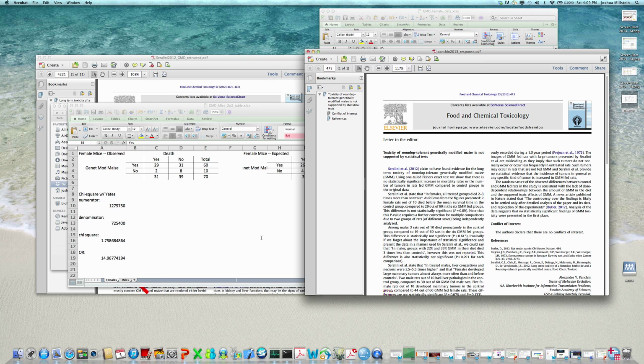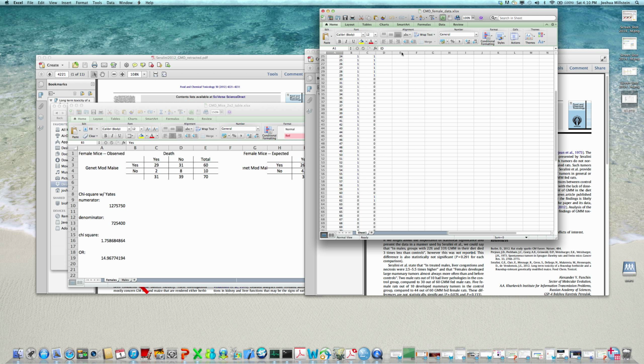So this is how we take these counts and put them in a 2x2 table, and it's clear that what we're doing is comparing proportions between groups, or another way of stating that, trying to determine whether the maize being genetically modified contributes to death. So is there an association between genetically modified maize, yes, no, and death, yes, no?